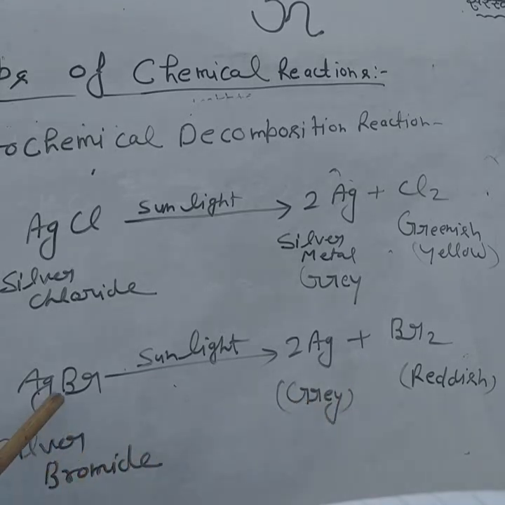The decomposition of silver bromide in the presence of sunlight is called the photochemical decomposition reaction of silver bromide. This reaction is very important because it is used in black and white photography.